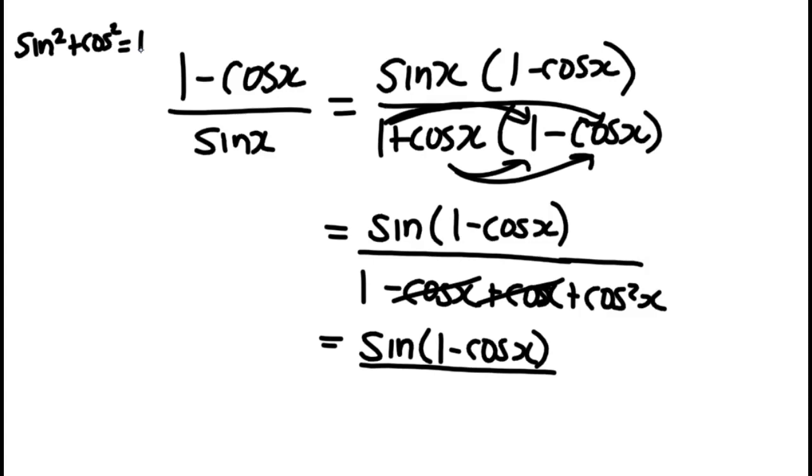Yeah, this isn't a plus, I messed it up. It's a negative sign. So what is 1 minus cos squared x? If we were to subtract cos squared over here, sine squared is equal to 1 minus cos squared. All we did was manipulate the Pythagorean identity.